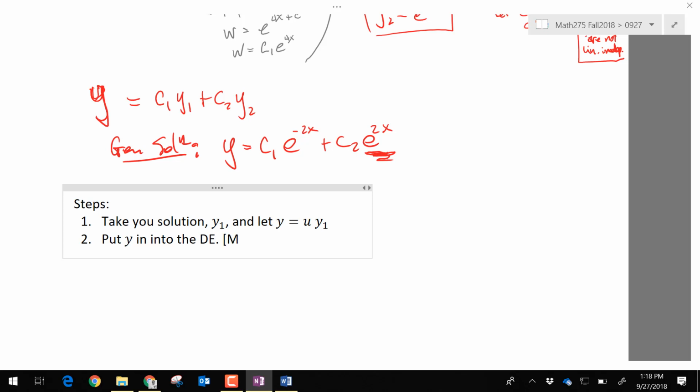So make sure you use the product rule correctly.